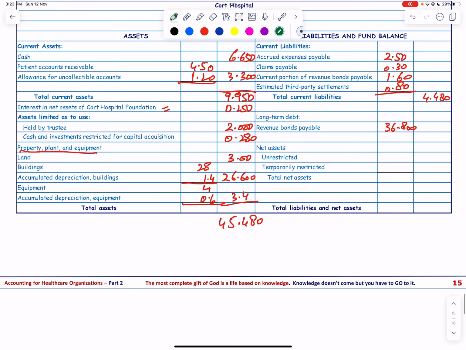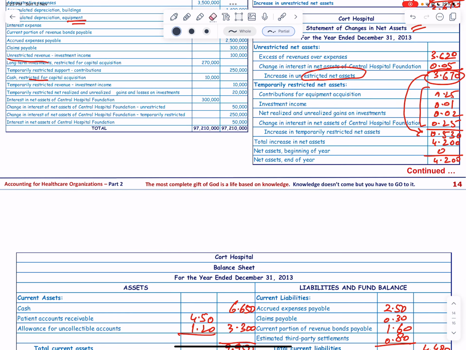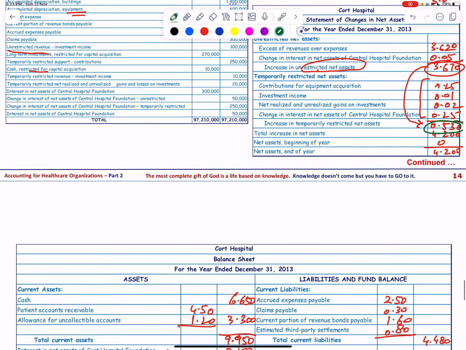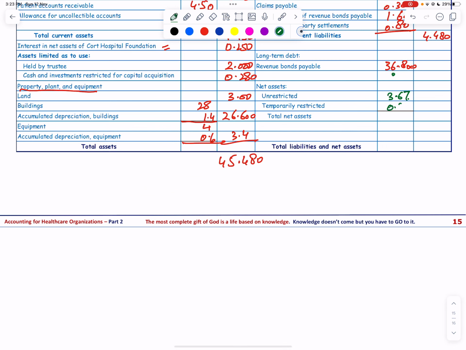Unrestricted is 3.67. Then we have the temporarily restricted, that was 530,000, 0.53.